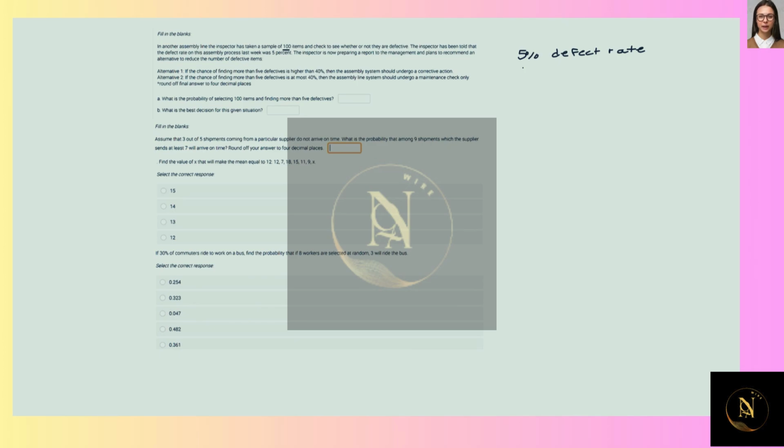If the chance of finding more than 5 defectives is at most 40%, then the assembly line should undergo a maintenance check only. Round off the final answer to 4 decimal places. What is the probability of selecting 100 items and finding more than 5 defectives?